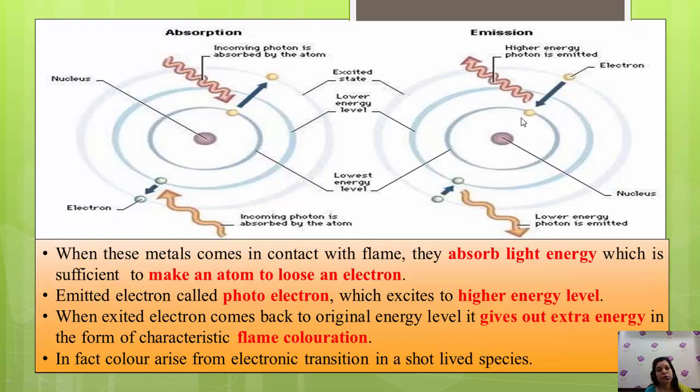When it comes back to a lower energy level, it emits the extra energy in the form of characteristic flame coloration. In fact, color arises due to these electronic transitions of short-lived species. This process continues depending upon the amount of salt present in your sample solution, which is spread in contact with the flame.